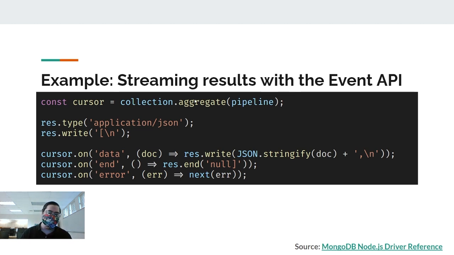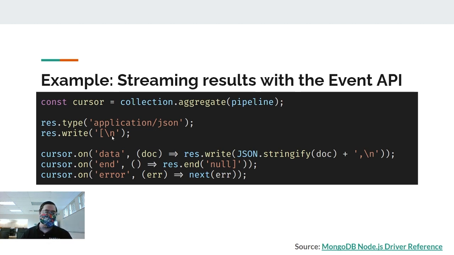We build up a pipeline, call aggregate, save that as a cursor, and then I need to start writing the response that's going to come out. So first I'm going to set the type of it to application JSON. So the browser or the client, whether it be the browser or a mobile app or Postman, knows, hey, we're getting JSON, we expect JSON data.